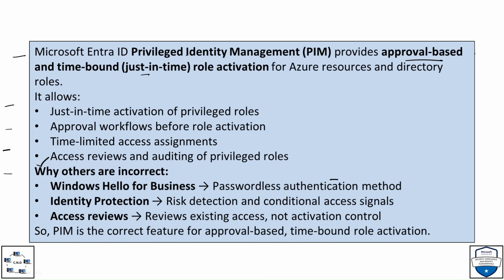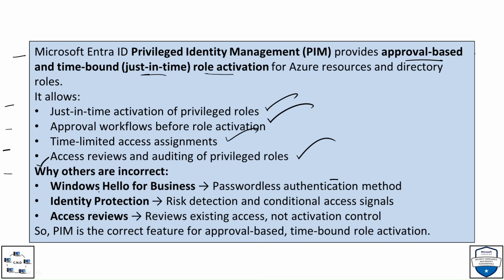So Microsoft Entra ID PIM, or Privileged Identity Management, provides approval-based and time-bound, that is just-in-time, role activation for Azure resources and directory roles. It allows just-in-time activation of privileged roles, approval workflows before role activation, time-limited access assignments, and access reviews and auditing of privileged roles.